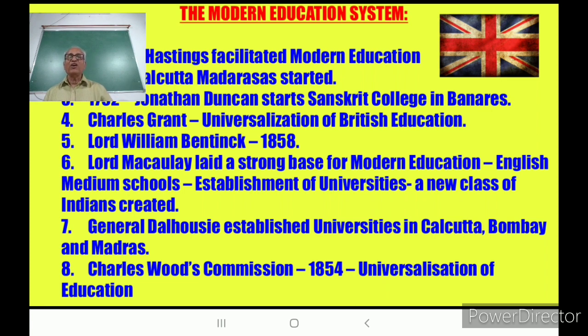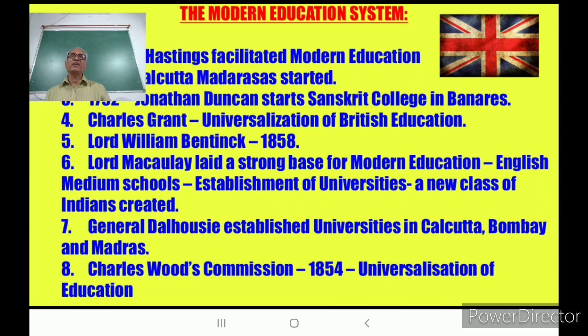Here, Lord Dalhousie established universities in Calcutta, Bombay and Madras. So three British universities came up on Indian soil. Charles Wood's Commission report of 1854 stressed on universalization of education in India.